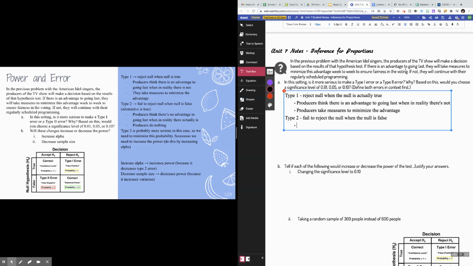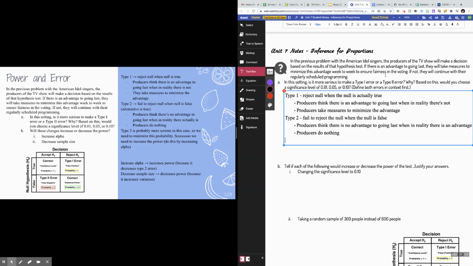So if we're saying we're going to go with the null hypothesis, that means the producers think there is no advantage to going last, when in reality, there is an advantage. Okay, so if they think there's no advantage, then they're going to continue with their regularly scheduled programming, right? So the producers are going to do nothing.